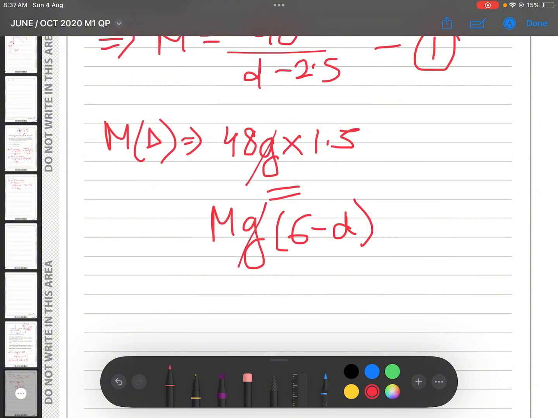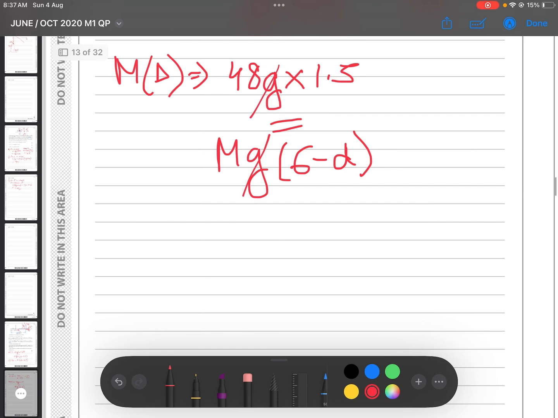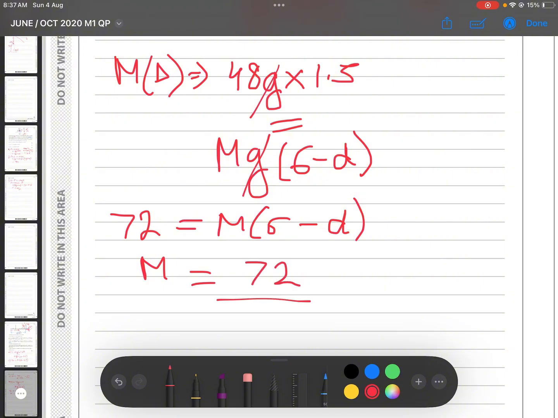So again, g and g are going to be cancelled. 48 times 1.5 is 72. 72 is going to be equal to m(6 minus d). Again, making m the subject, we're going to get the second equation, m equals 72 over 6 minus d. This is my equation 2.